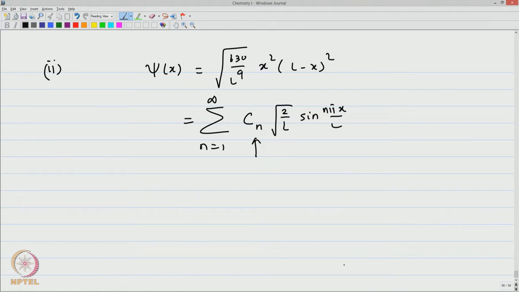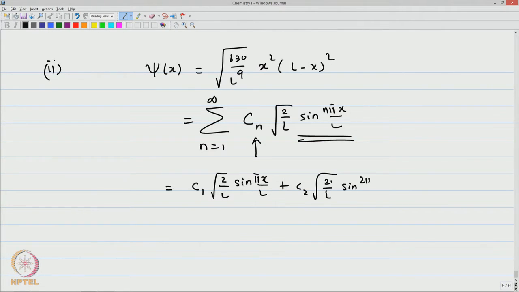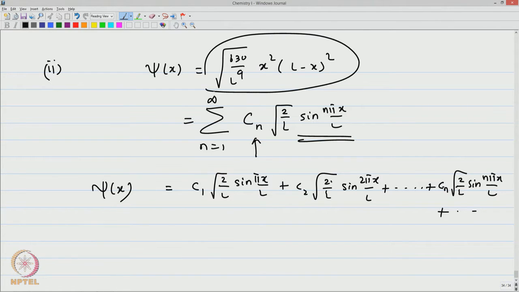It is very simple. Sin n pi x by L times root 2 by L, they are all normalized wave functions, and they are also orthogonal. For example, this is nothing other than C1 times root 2 by L sin pi x by L plus C2 root 2 by L sin 2 pi x by L plus etc., up to infinity, Cn times root 2 by L sin n pi x by L, and it continues, and you have psi x here, which is this function.